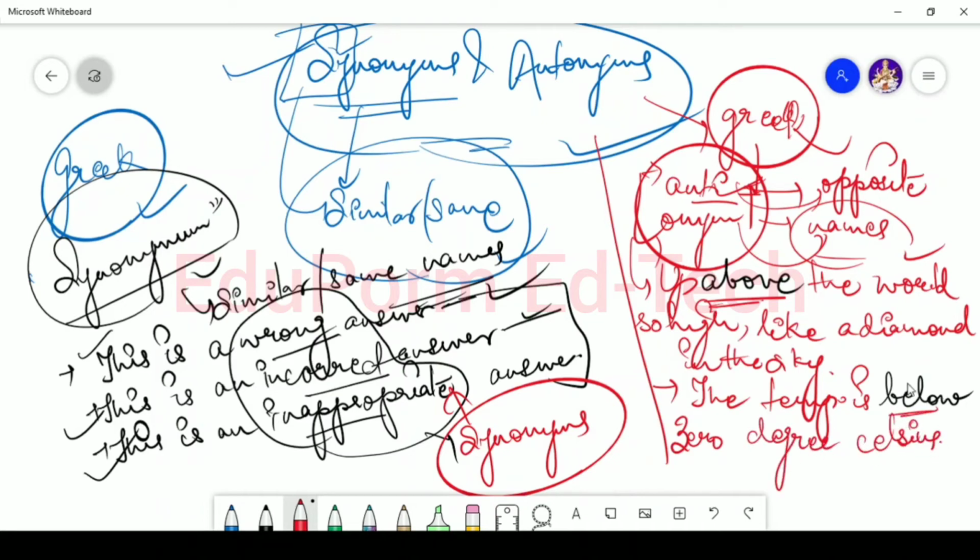In the first sentence I'm talking about above, and in the second sentence I'm talking about below. So above and below are opposites of each other. So these are antonyms.